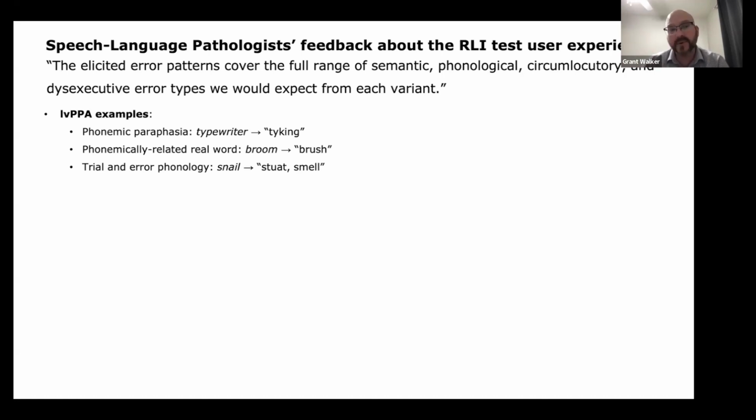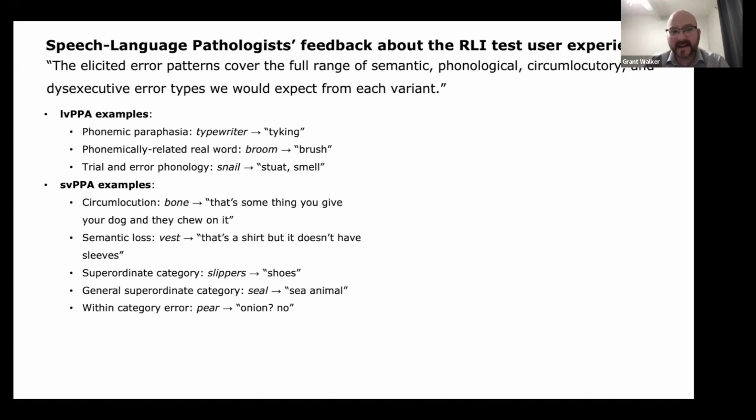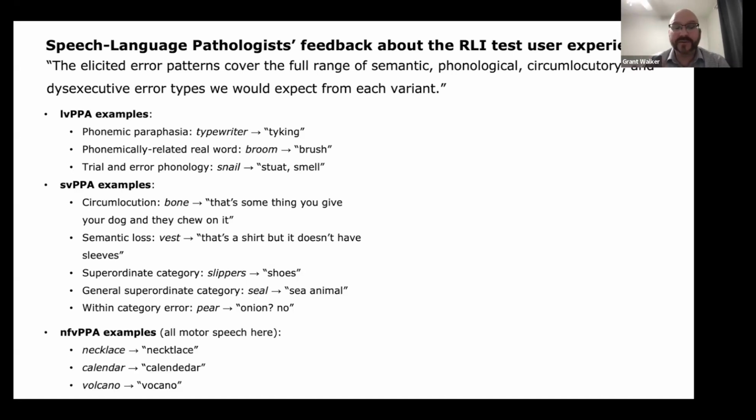So here are just some examples. From logopenic aphasia: typewriter to tyking, broom to brush. Semantic examples, you get circumlocutions, semantic loss, so a vest, it's like a shirt, but it doesn't have sleeves, general superordinate categories, within category, pear, onion. Non-fluent, this is all sort of motor speech type stuff, necklace to neckless, calendidar.